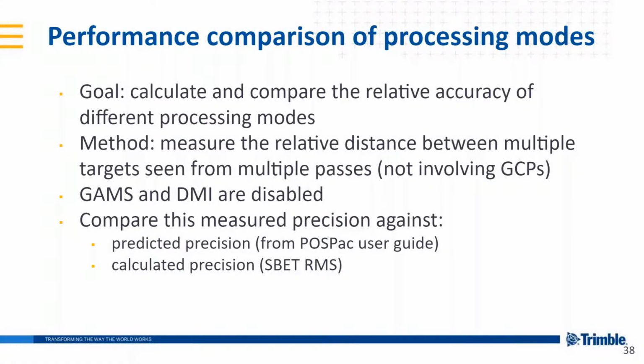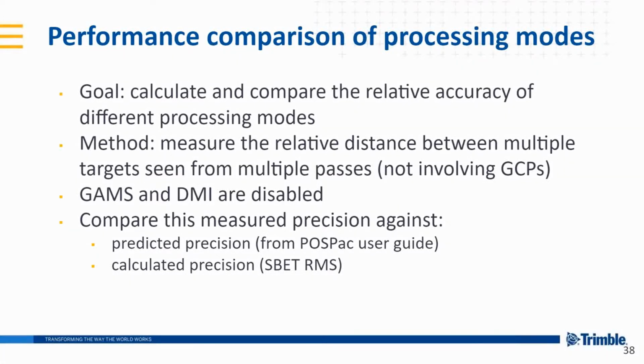The method we use is to measure the relative distance between multiple targets, which we can see from multiple passes. We are not using GCPs here, as we don't want to be influenced by any error from the GCPs.